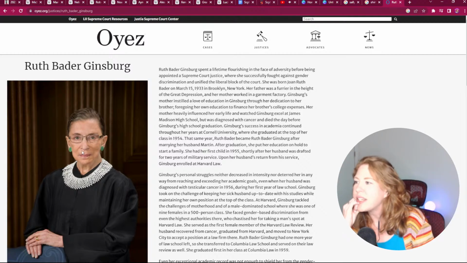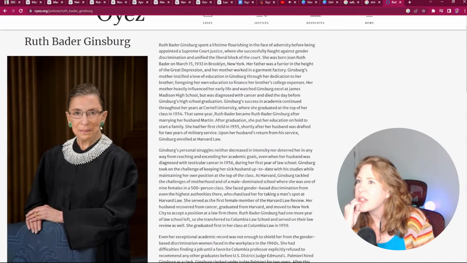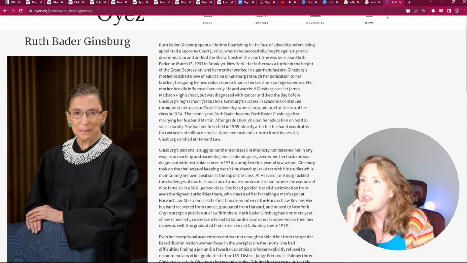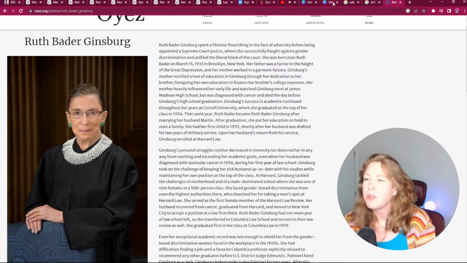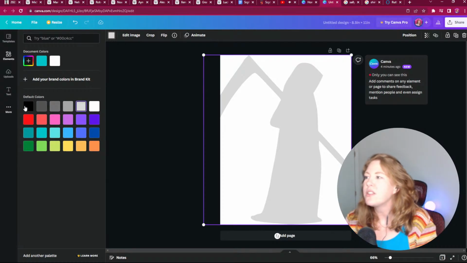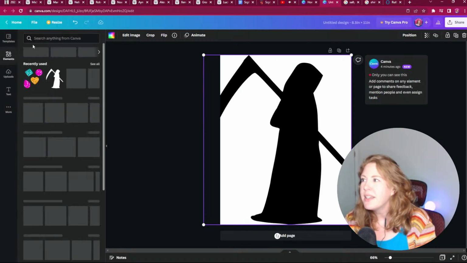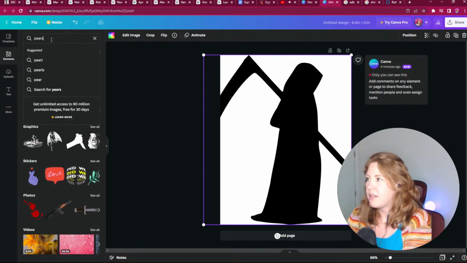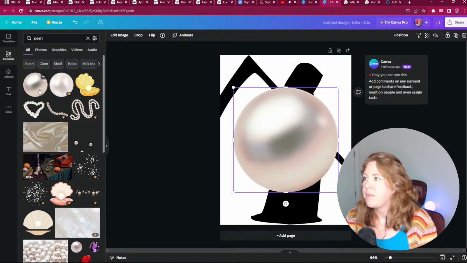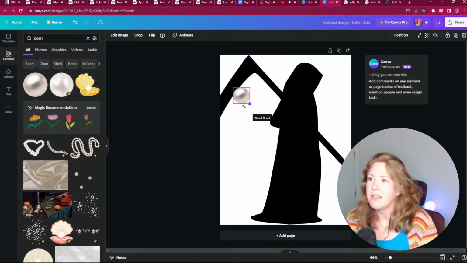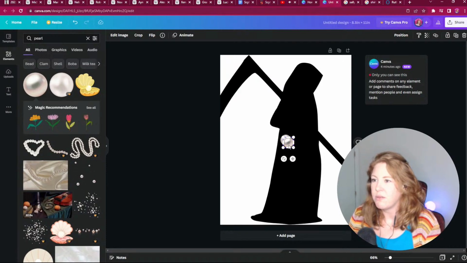Oh, she has that green on her earrings. I like that green. But I feel like my gem has to be a pearl, right? I feel like ultimately it should be black with pearls. That is a perfect Ruth Bader Ginsburg robe.